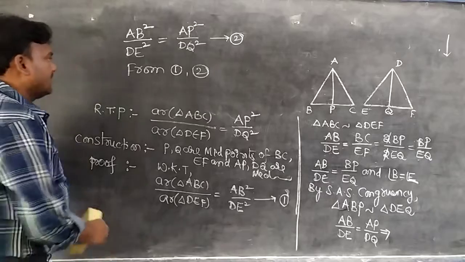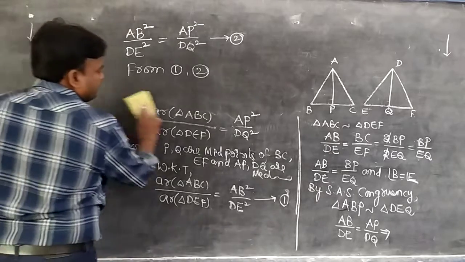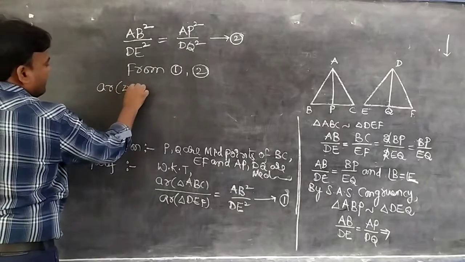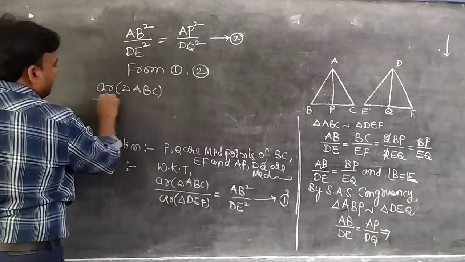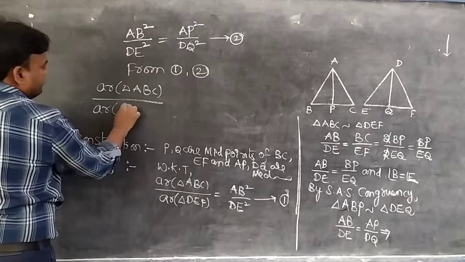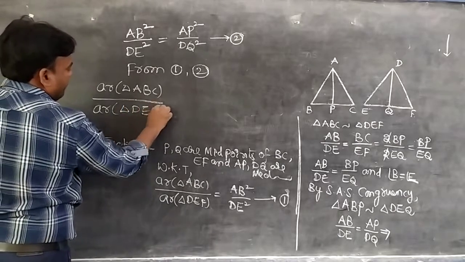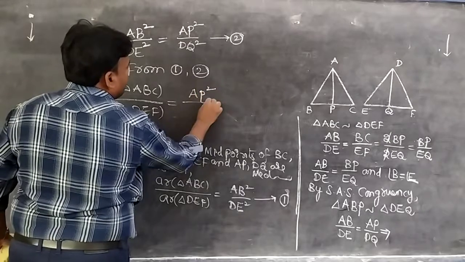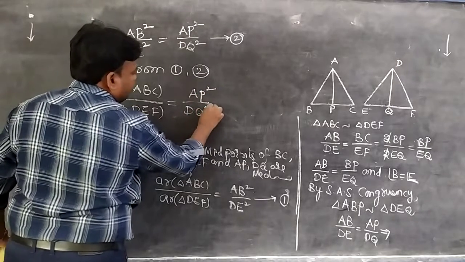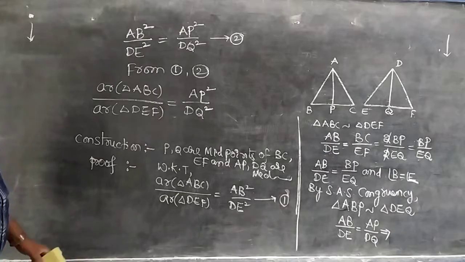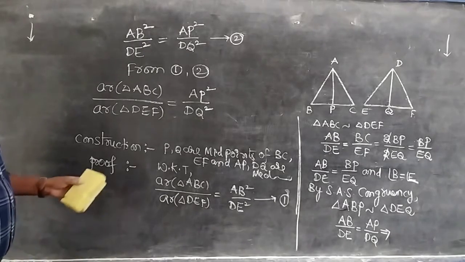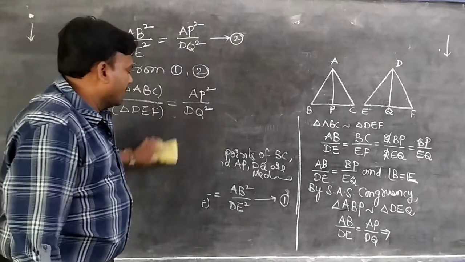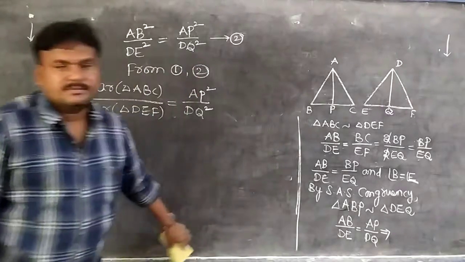Equating, finally, area of triangle ABC by area of triangle DEF equals AM square by DQ square. Hence it is proved. This is the second theorem, students, by using the main theorem, and also we proved the next theorem.